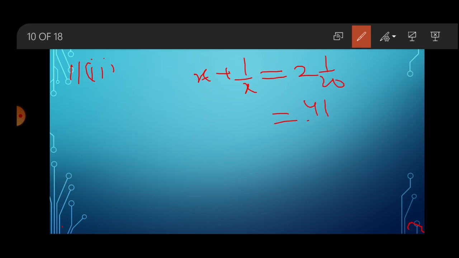So it will become 41 upon 20, and x square plus 1 upon x. Now I will cross multiply it. So 41x is equal to 20x square plus 20. So 20x square minus 41x plus 20 is equal to 0.